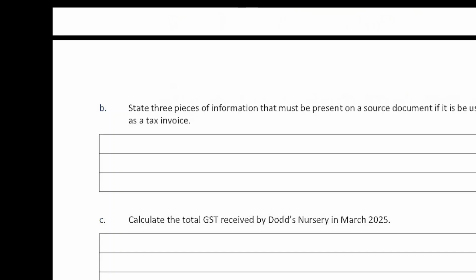For example, 50 in the debit entry and 500 in the credit entry.